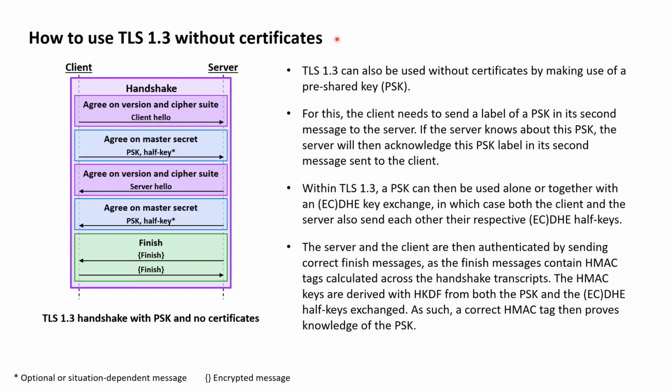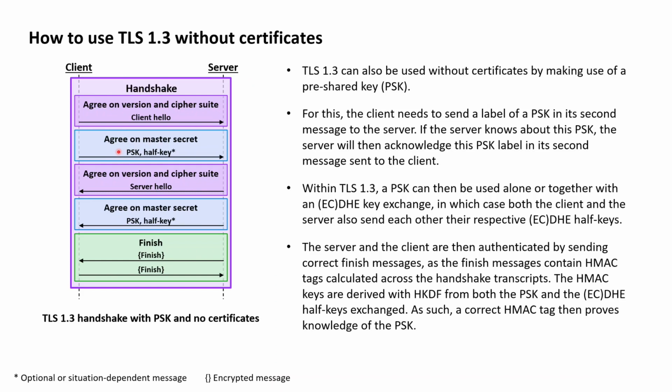For TLS 1.3, the story is quite similar to the story of TLS 1.2, and TLS 1.3 can now also be used without X.509 certificates by making use of a pre-shared key. This time, in TLS 1.3, the client immediately has the chance to send the server a label of a pre-shared key to use in its second message.